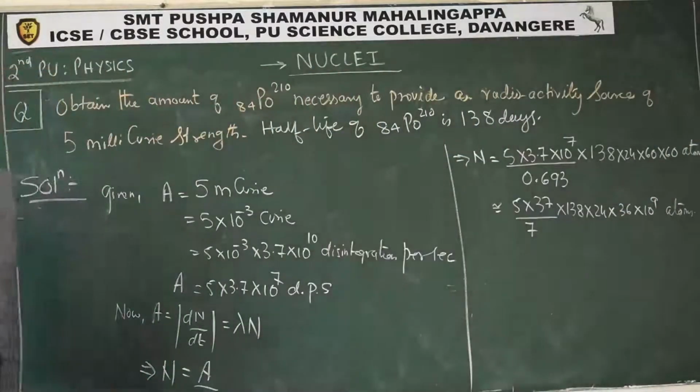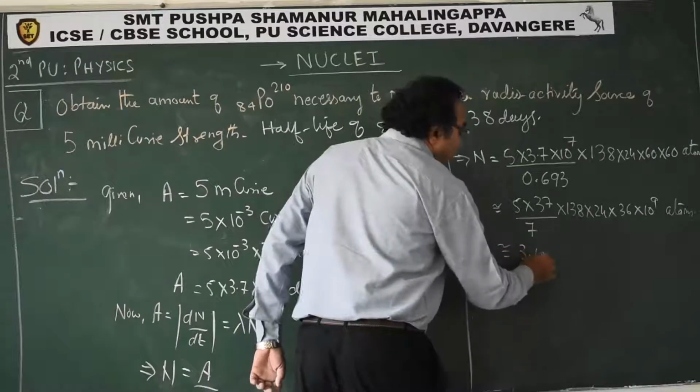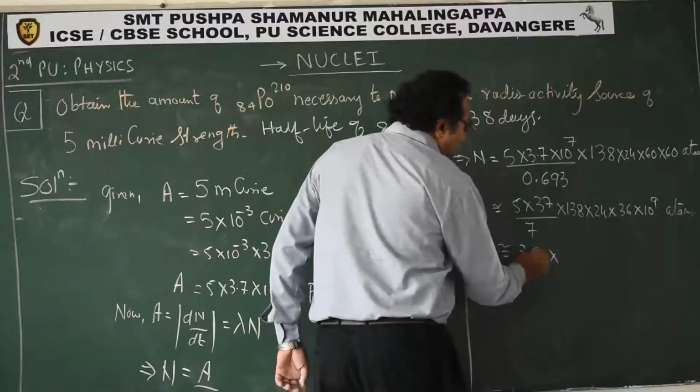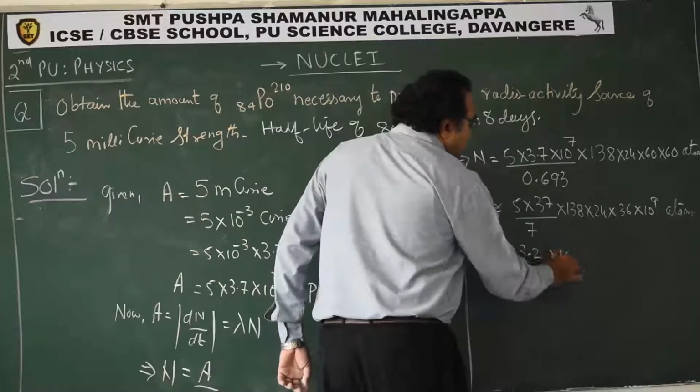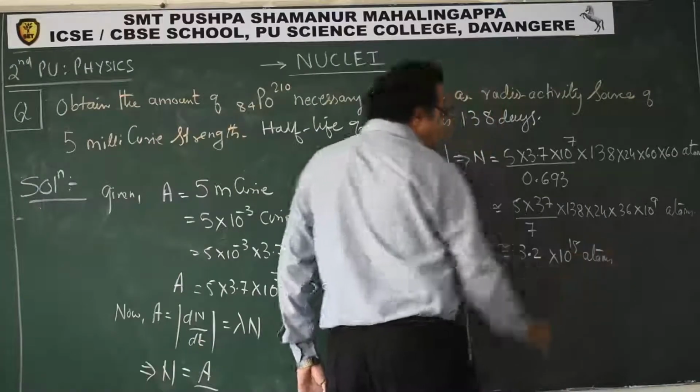If we simplify this, it is close to 3.15 into 10 power 15 atoms, or 3.18, close to 3.2 into 10 power 15 atoms.